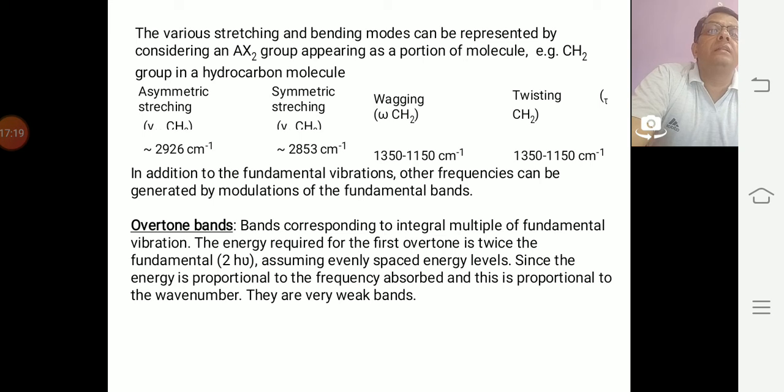Asymmetric stretching is observed around 2926 per centimeter, and symmetric stretching around 2853 per centimeter. But bending vibrations, that is wagging, are observed at 1350 to 1150 per centimeter, and twisting is also observed at lower frequency, 1350 to 1150 per centimeter.